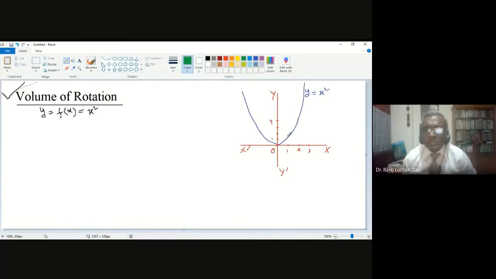We are now taking the line here, which is x equal to 0. This is just the y-axis itself. So there is nothing new. It is the 0 boundary, and I am taking 2.